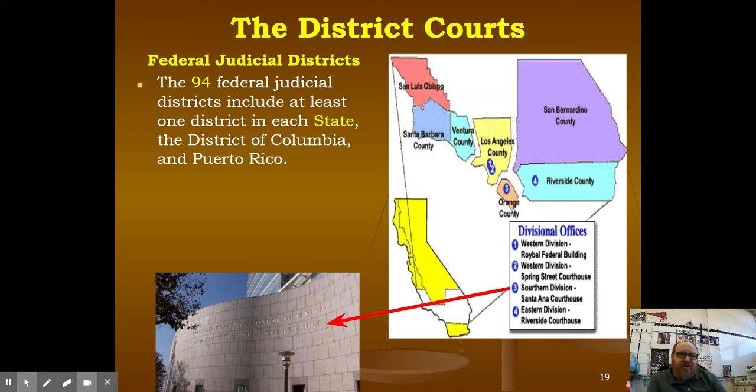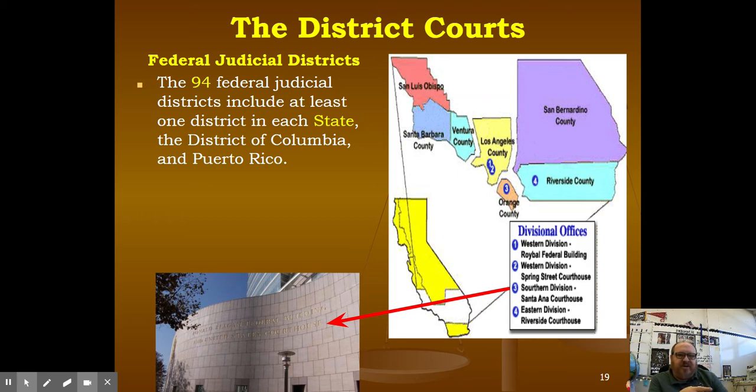So we have this breakout over here showing you that here in California, in Los Angeles County, there is the Western Division Federal Court. That's on Roybal Street, the Roybal Federal Building. Then on Spring Street, there's another courthouse of the Western Division.